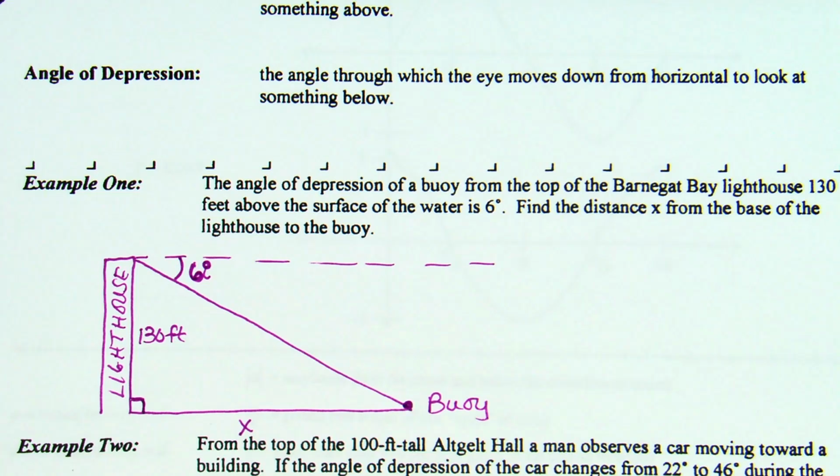Are we okay with the picture? So I have 6 degrees, I have 130 feet, and I'm trying to find x. What's the connection I need to make for this to work?